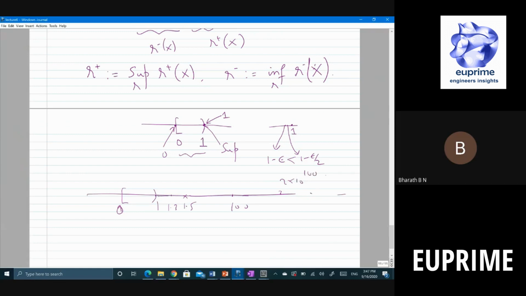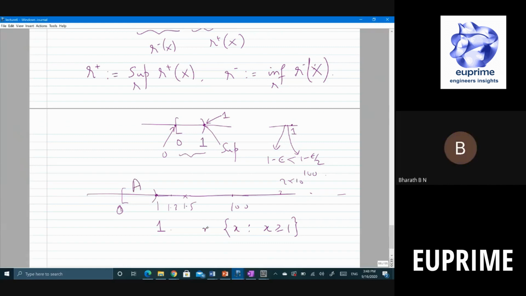Anything to the right of this set is an upper bound. 1 is also an upper bound, right? That means all the numbers x such that x is greater than or equal to 1 are upper bounds for the set A. Let me call this set as A.